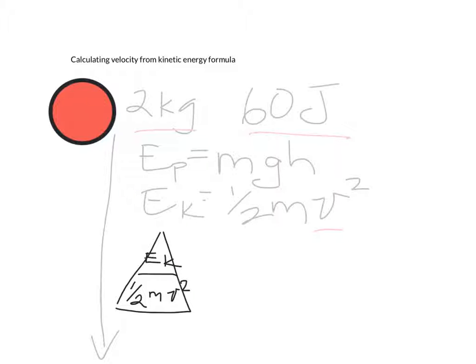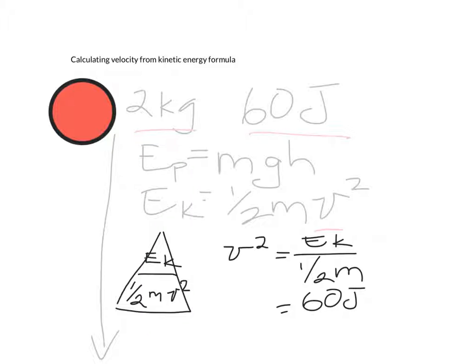So let's go ahead and write that out in full. So the formula tells us, by rearranging with the triangle, velocity squared equals EK over half mass. So EK, the energy, it was 60 joules, and half the mass, so you should write that out in full.